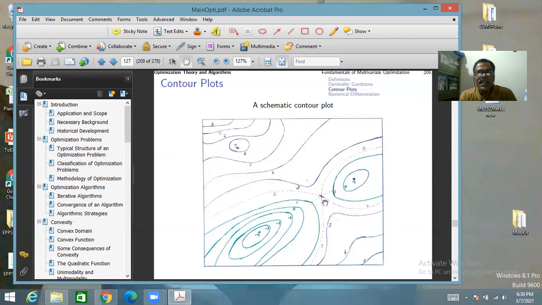So along this curve, at this point, there will be a maximum. On the other hand, if you travel from this contour curve to this contour curve, then you will find a curve along which this will be a minimum.